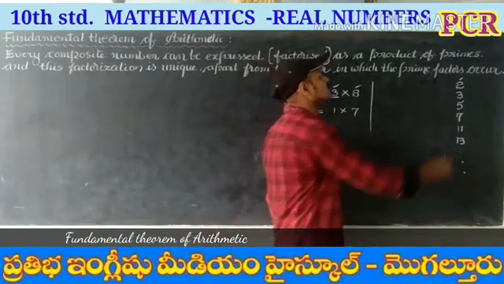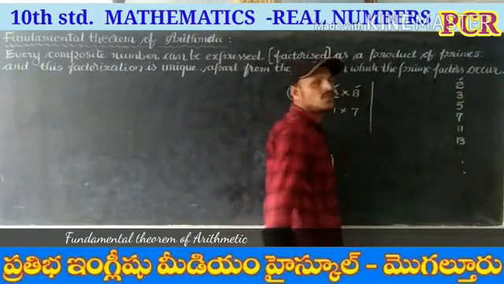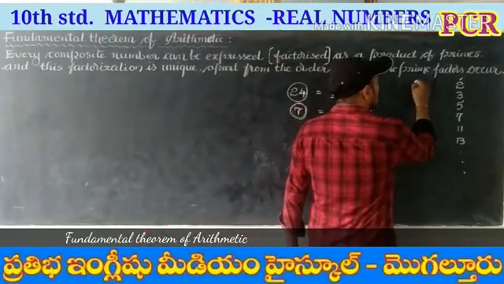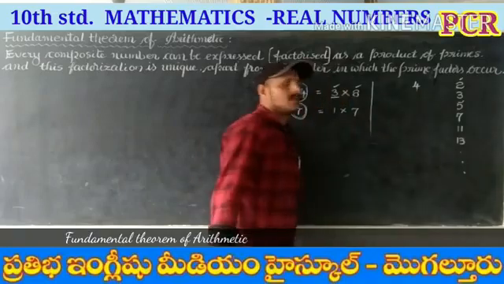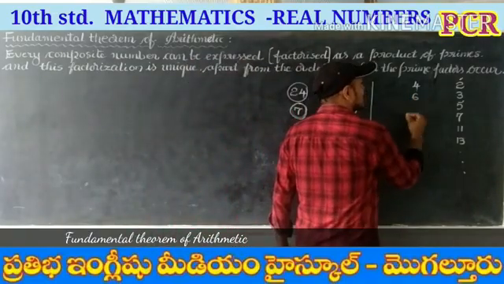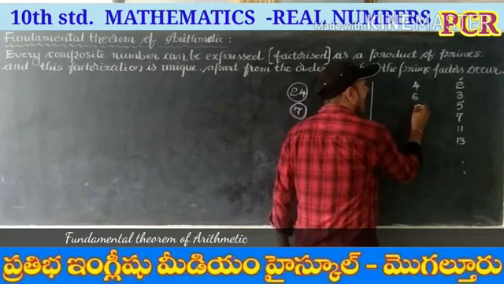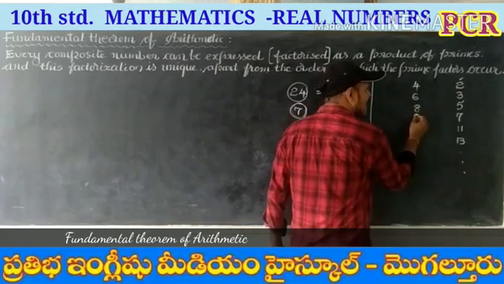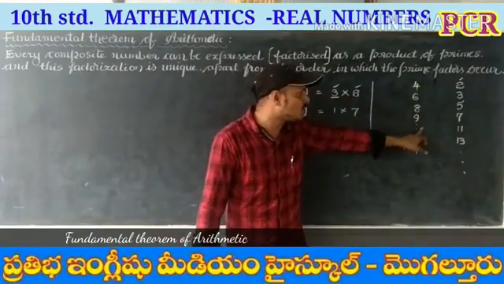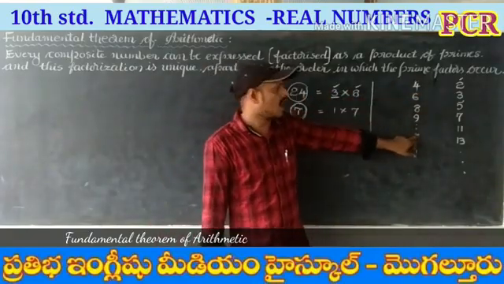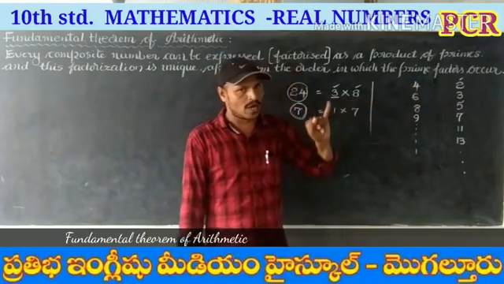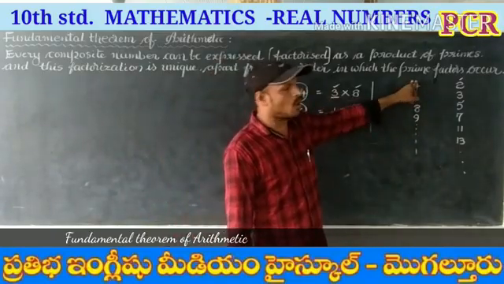The numbers other than these prime numbers are called composite numbers. The first composite number is 4, and then 6, 8, 9. These are all composite numbers. They have factors other than 1 and itself. For example, 4 has the factors 1, 2 and 4.